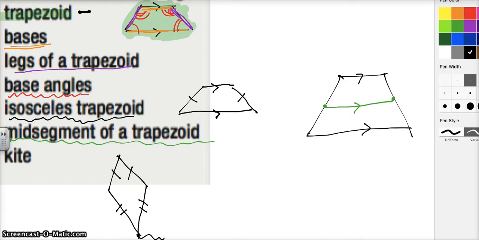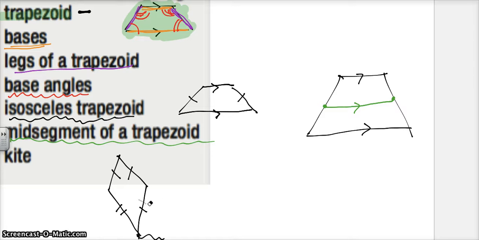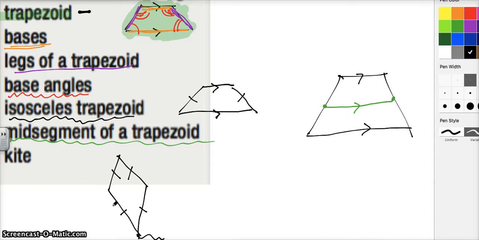I can't have all of these sides congruent. Our textbook tells us explicitly that a kite cannot be a rhombus, because a rhombus has all sides congruent. Here these are exactly two pairs of consecutive, or adjacent, congruent sides. Are you guys with me? So that's the definition of a kite.